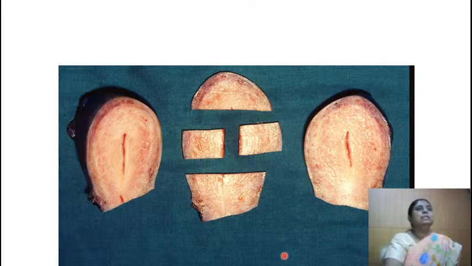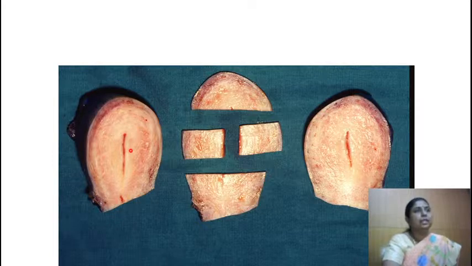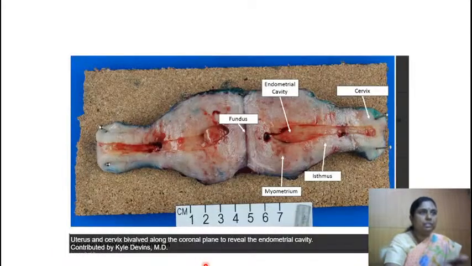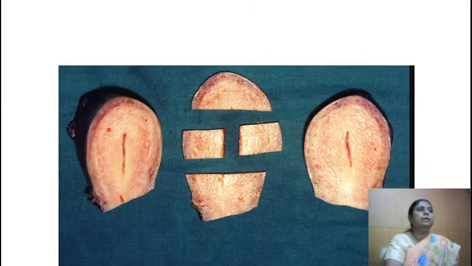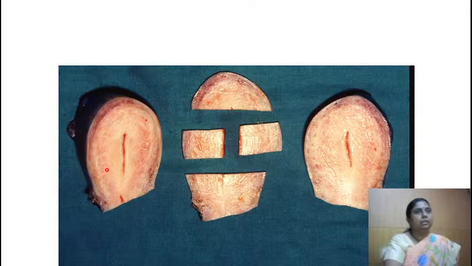Now these are different sections taken when you cut open your uterus in the AP plane, anteroposteriorly. That was in the previous one, it was cut open on both lateral sides, and when you cut it open in the anteroposterior direction, this is how you find it.